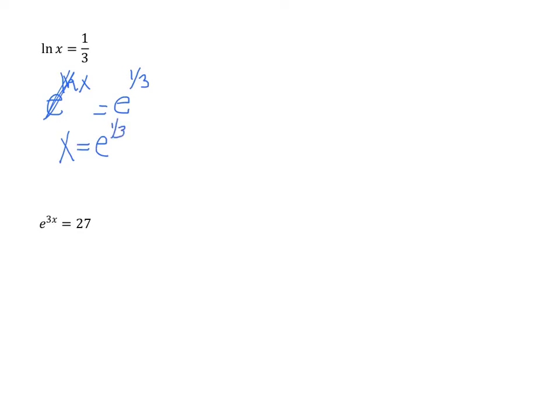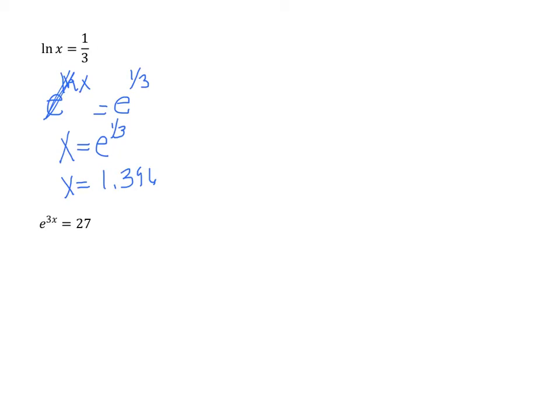Now once I get to this point, I can just put it directly into my calculator. When you put that into your calculator, you push the second button and then natural log ln, because that's going to be e to the x. It'll open a parenthesis for you, so you just put 1/3 into it, and we find that x is approximately 1.396.